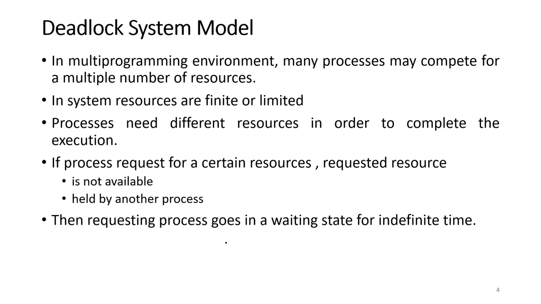And in this case, this requesting process goes into a waiting state for indefinite time. So that condition of a requesting process which is in a waiting state for indefinite time is known as deadlock.